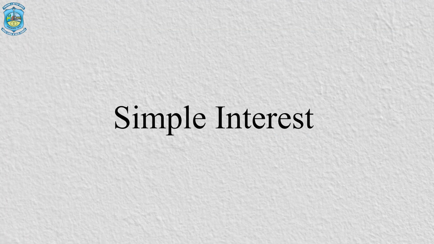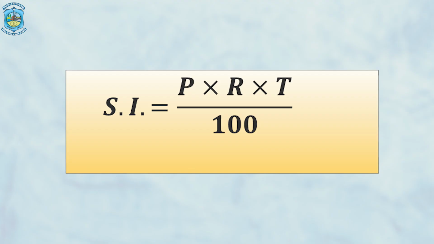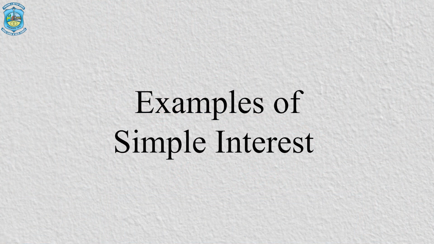Next we move to simple interest. Simple interest is the interest calculated on the principal or original amount for the time for which the money is borrowed or invested. It is denoted by SI and we may calculate simple interest by the formula SI equals PRT by 100.